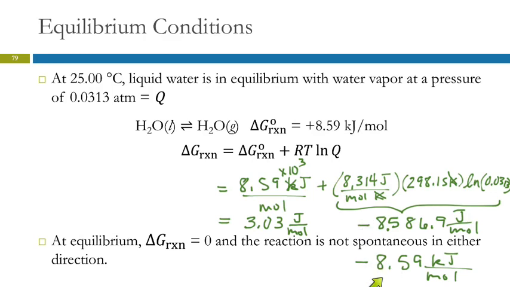So this is showing what this comes out to, and so then let's just kind of, I'm really wishing I hadn't done that. So 8.59 kilojoules per mole plus this negative 8.59 kilojoules per mole is where we get the 0. This is essentially sort of an odd rounding error that it didn't come out to be 0. Any questions?